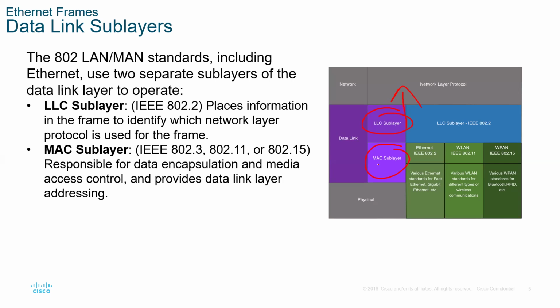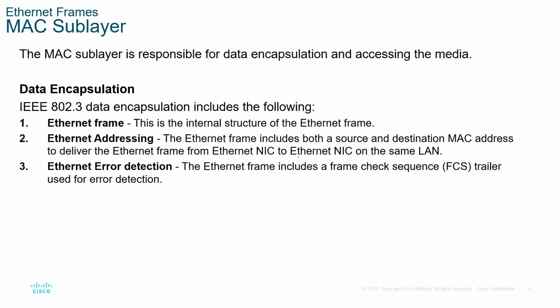The media access control also covers wireless LAN, where you have the various wireless LAN standards that are used. We also have the wireless personal area network, and the standards that work in that, especially things like Bluetooth, RFID, and near field technology.